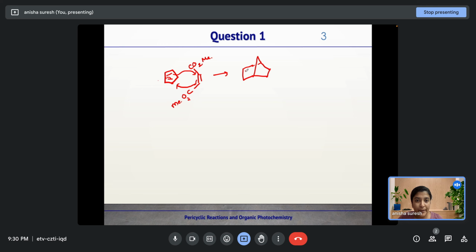Here a new double bond is formed, and these two ester groups will come from below the plane, CO2Me, CO2Me, and the hydrogens will be coming above the plane.